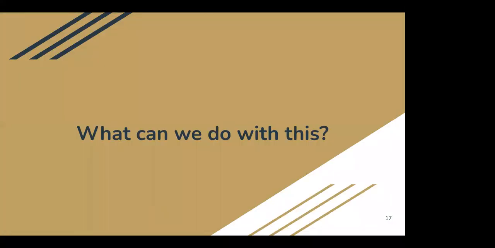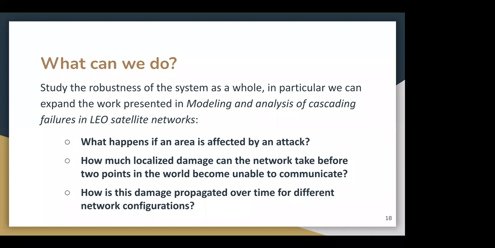So what can we do with this and with the work that I just talked about? Well, first, of course, we can study the robustness of the system as a whole. In particular, we can expand the work that was presented in this paper I just showed you. And how?